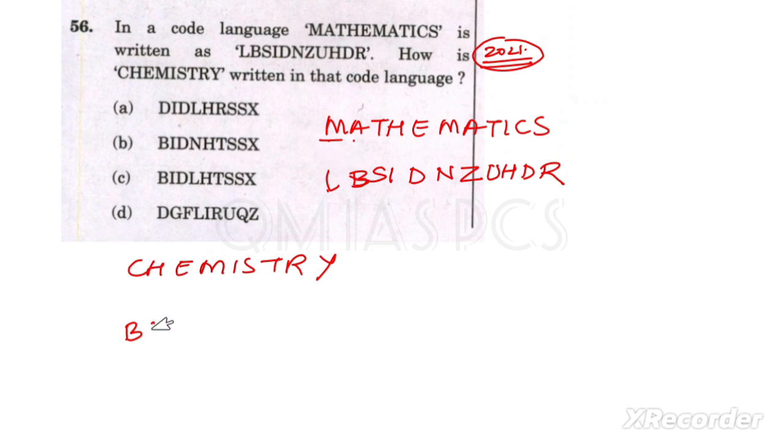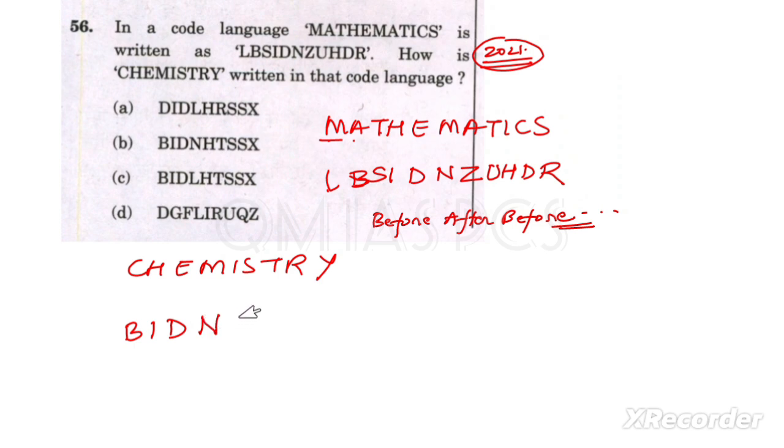First what you have seen here: before, then after, then before, like this the pattern is given. So this is T, before T it is S, before E it is D, right? Then HI, so it is M, this is N. If you look at the option, I think you got the answer, this is B.